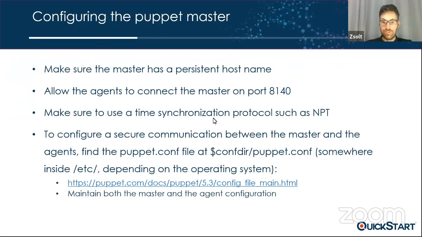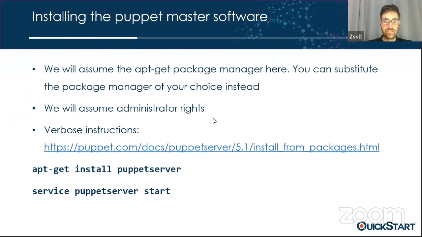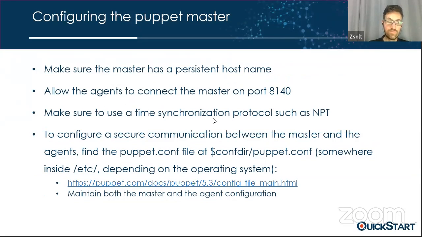Configuration-wise, what you need to pay attention to is more or less written in the installation instructions anyway. You need to make sure that the agent connects to the master on a special port. And I mentioned NTP, this time synchronization. It's important that whenever you have master-agent communication, the clocks are synchronized.